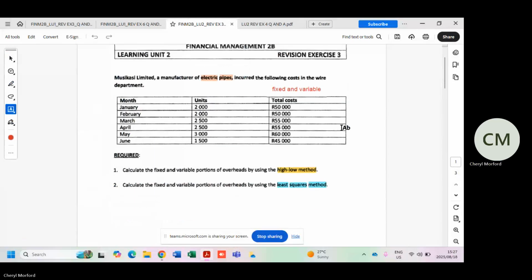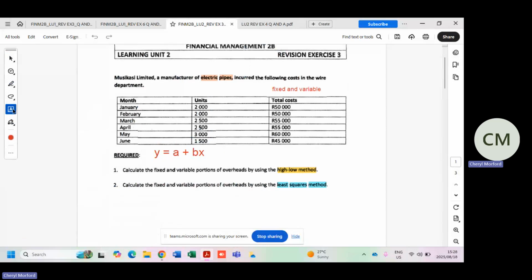So using the high-low method, we're going to take the equation for the cost function. And how does that one go? Hopefully you've seen it before. It's y, let's make it a bit bigger, otherwise you can't actually see it, is equal to A, which stands for your fixed cost, plus B, the variable cost per unit, times number of units.